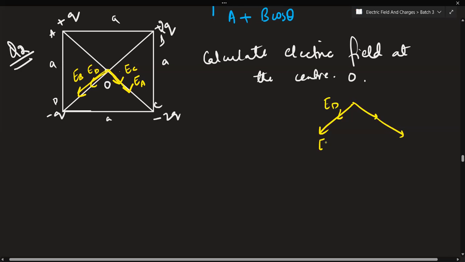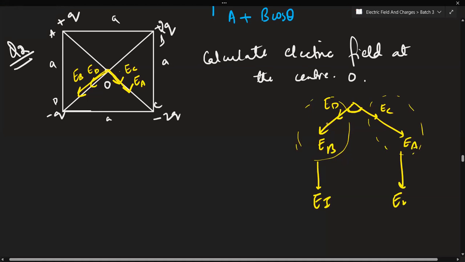ED, EB in one arm, EC, EA in one arm. If you know the angle between them, if you add these two and if you add these two, you will get one electric field for this arm and another electric field for this arm. You can add them, both the vectors are in the same direction. EB plus ED will give you E1 and EC plus EA will give you E2.